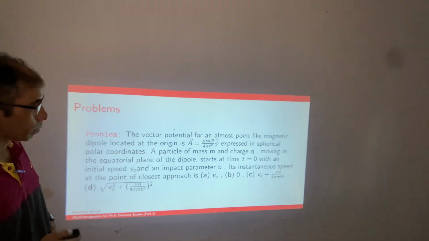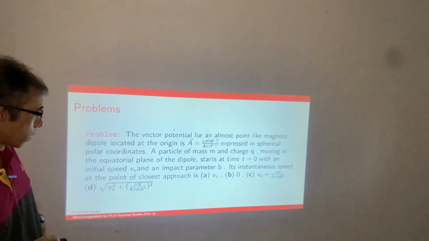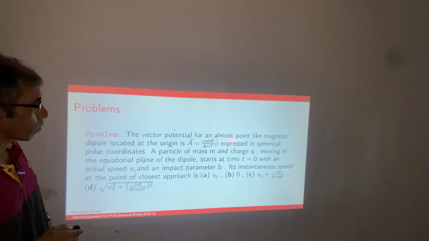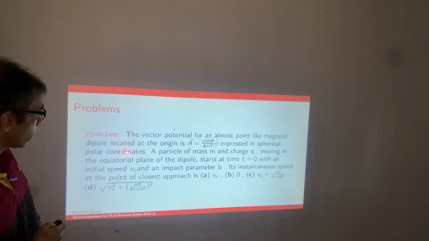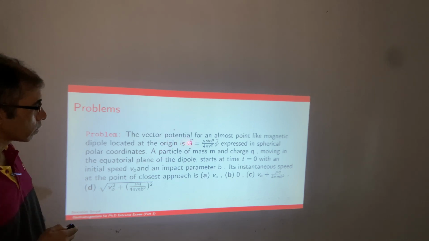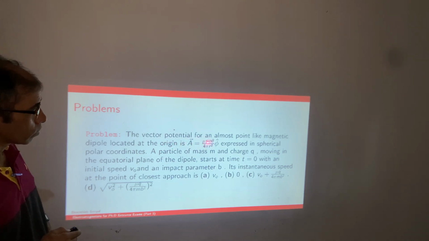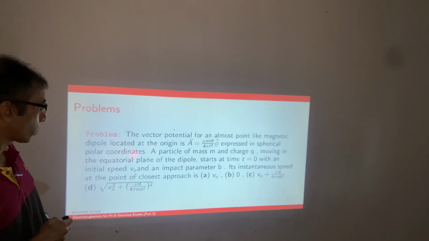In this problem, the vector potential for an almost point-like magnetic dipole located at the origin is A equal to mu sin theta divided by 4 pi r squared, in the phi direction, expressed in spherical polar coordinates.